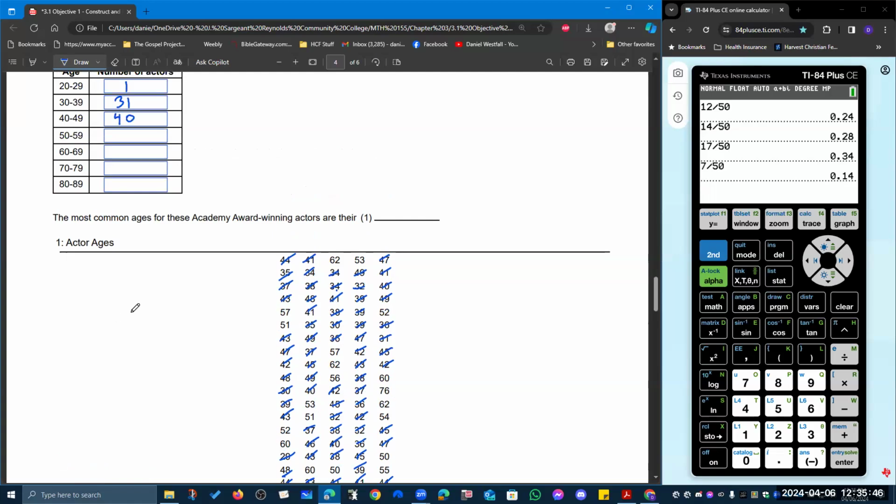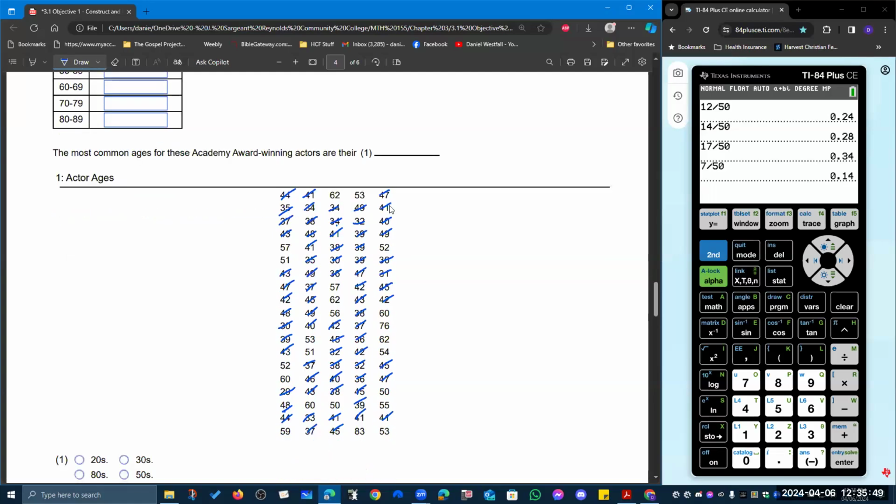Now let's look at 50 through 59. 1, 2, 3, 4, 5, 6, 7, 8, 9, 10, 11, 12, 13, 14, 15.